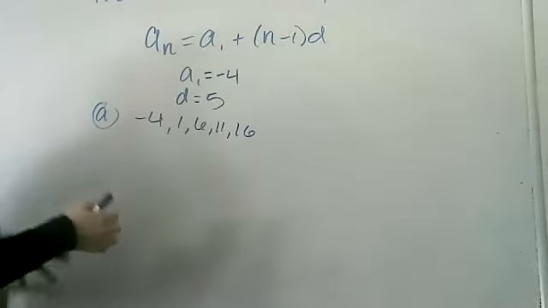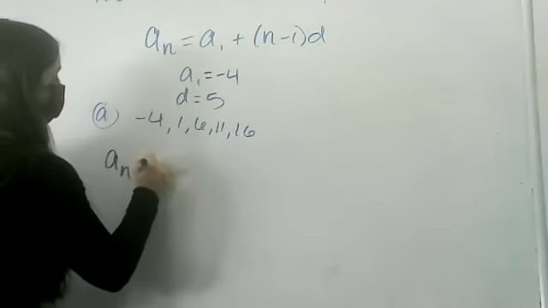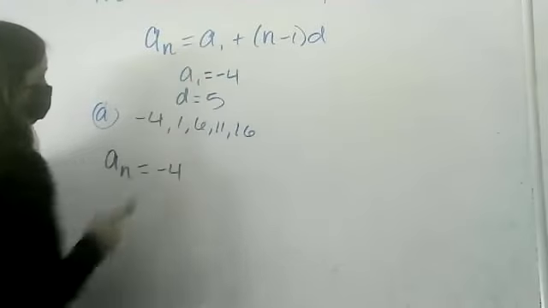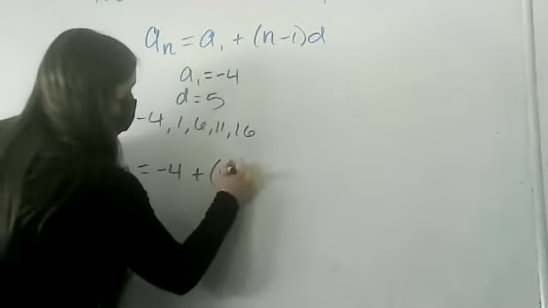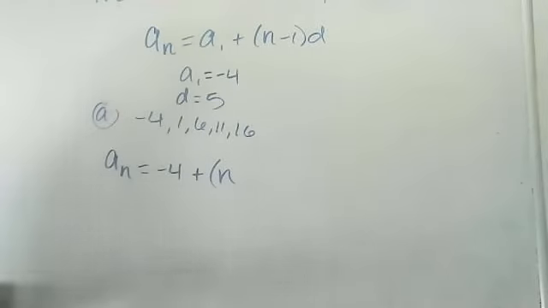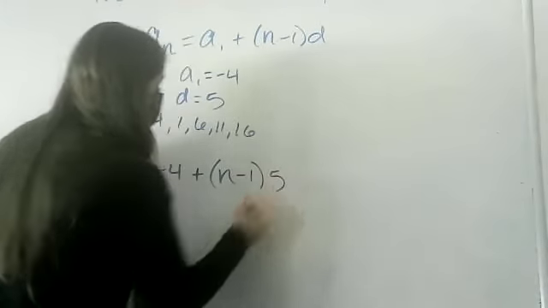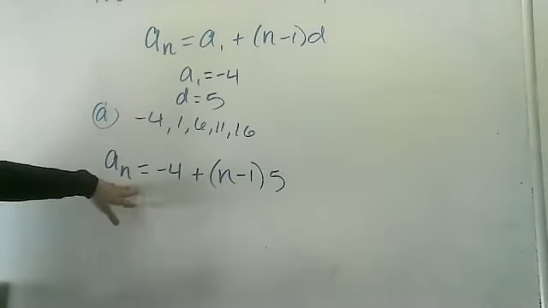If we were to write this really quick, I would take a sub n equals -4, because I put a sub 1 in for this a sub 1 in here, plus nothing goes in for n. Remember, when you write a rule, you want to keep an n value in there, right? That's what makes this a rule. Then -1 times 5, because 5 is my d. Is this super simplified?